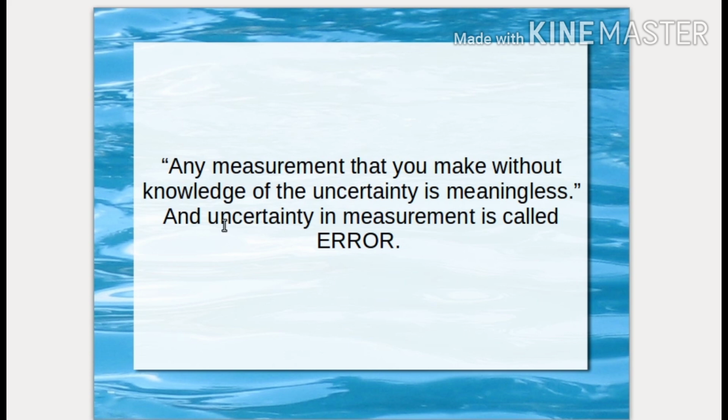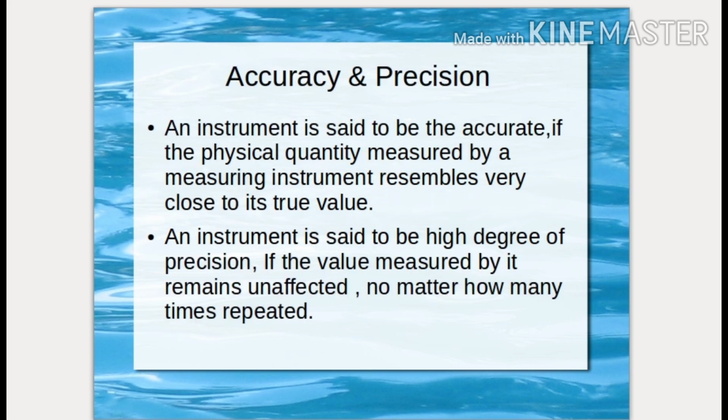This uncertainty in measurement is often called error. Understand? So for studying error, let us see what is accuracy and precision. These are two more tools that will explain error, and will make you much more familiar with error.